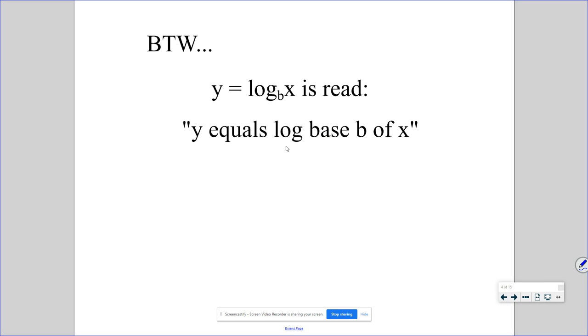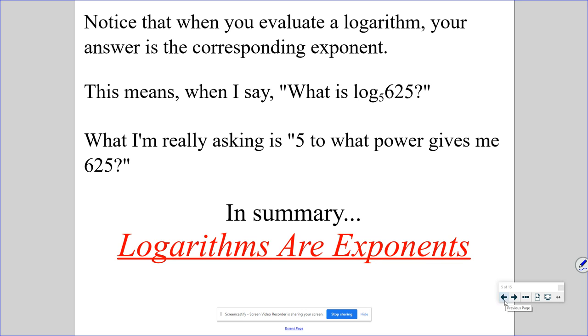By the way, side note, when you read an equation that looks like this, you would read it as y equals log base b of x. That's how you would say it out loud. Okay. When you evaluate a logarithm, what you're doing is you're trying to figure out the value of an exponent. So if I ask you, what is log base 5 of 625?